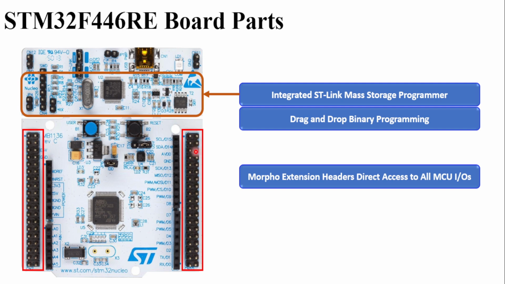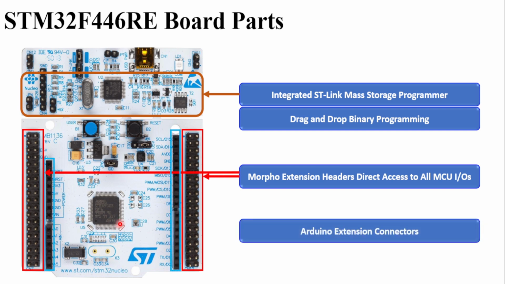We have these pins coming from the microcontroller. And then, like I said, we have the facility to connect Arduino extension boards here in the cyan region. These are the connectors available.